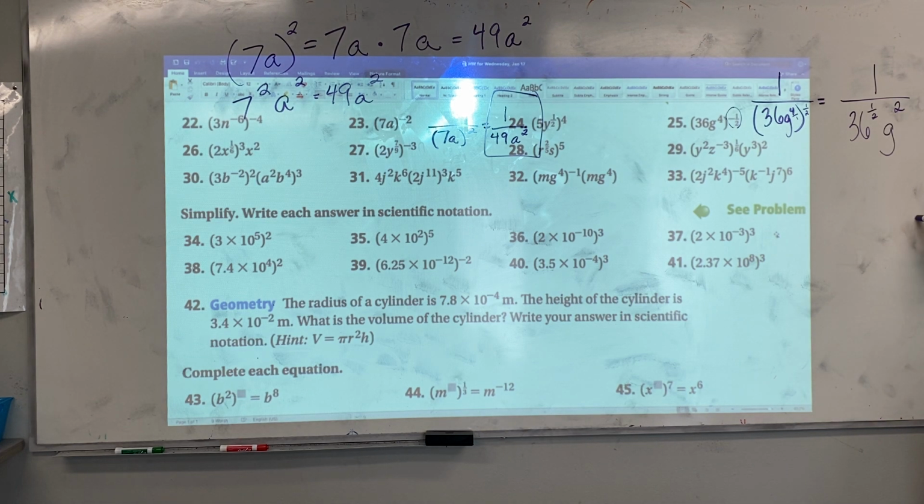Okay, am I done? Now we're using a rule that we went over yesterday to do this last step. What does 36 to the 1/2 power really mean? Yes, you are rocking these exponents, Abby. So, not 12. The square root of 36 is what? 6. So we have 1 over 6 g squared.